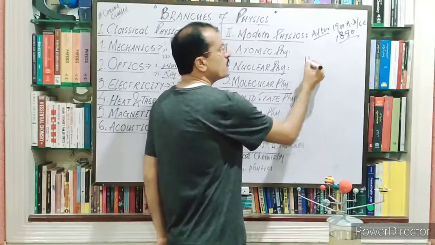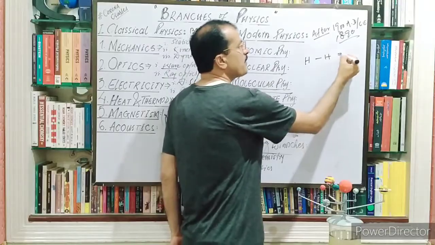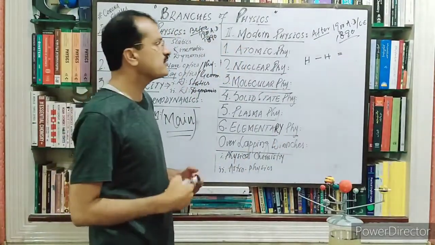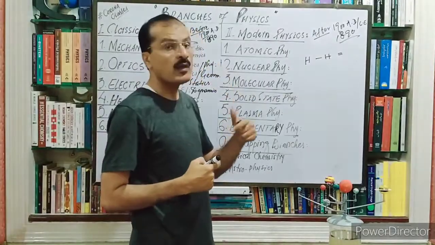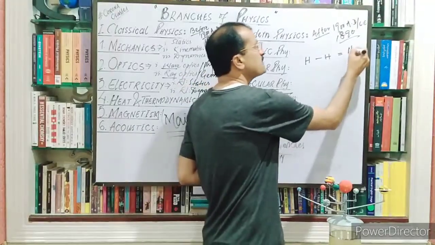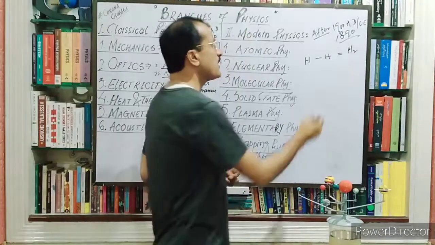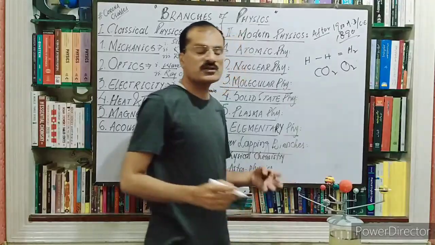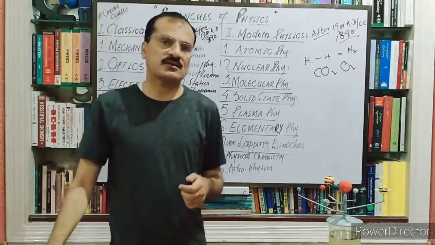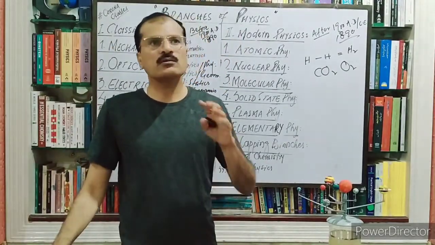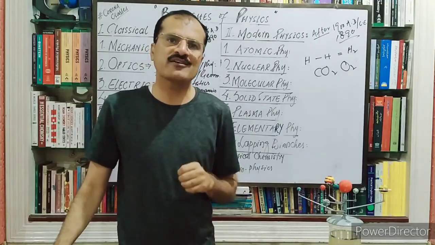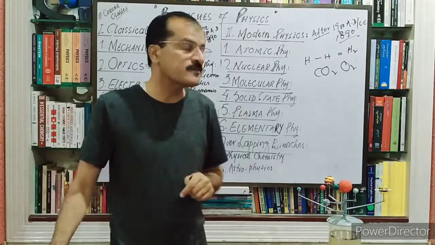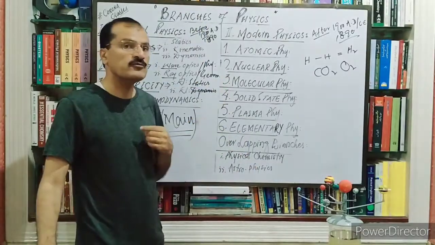As we know, 2 hydrogen atoms combine with each other by sharing 1 valence electron with each other. By formation of the covalent bond, it becomes a molecule. Carbon dioxide molecule, oxygen molecule, etc. There are many examples. So whenever we study any properties of matter on the basis of the formation of their molecules, that is known as molecular physics.